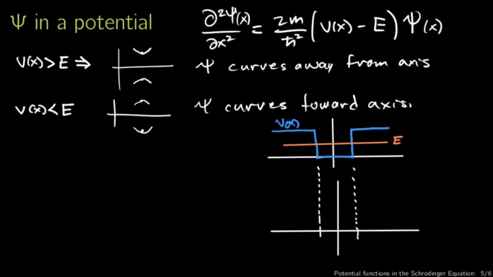So, I'll do my wave function in blue here. If I start my wave function, this is all hypothetical now, this may not work, at some point on the positive side of the axis, at the origin, we know the energy of the state is larger than the potential energy. So this quantity is negative, and psi curves towards the axis.